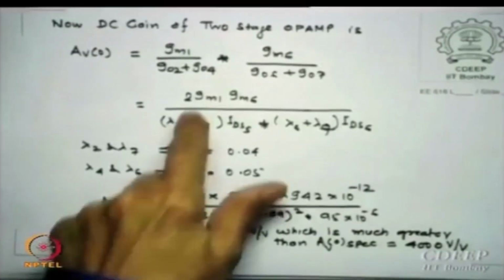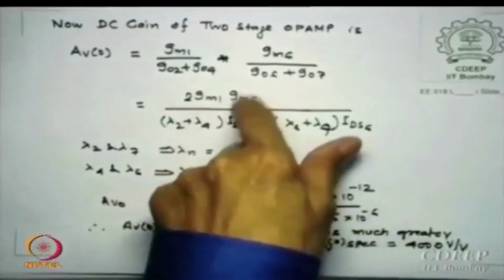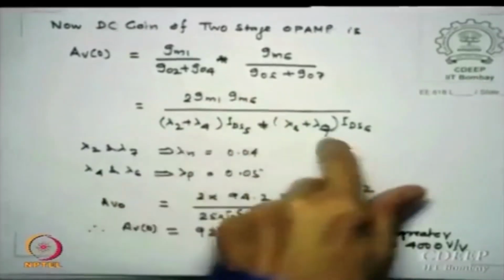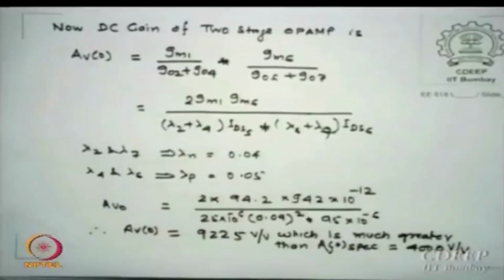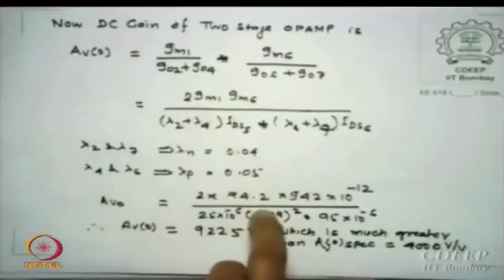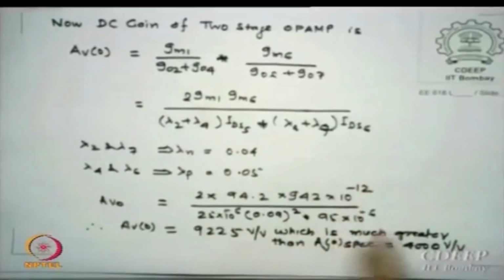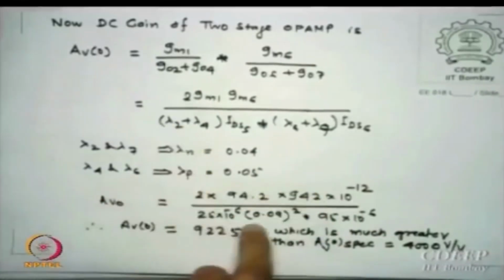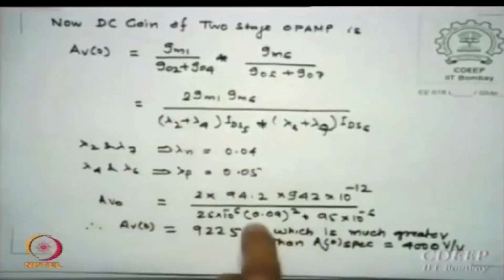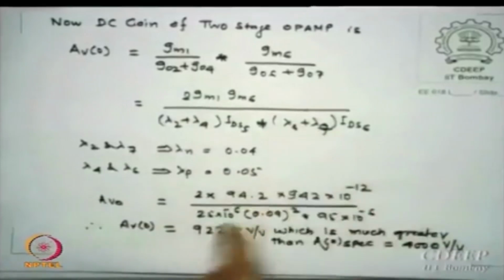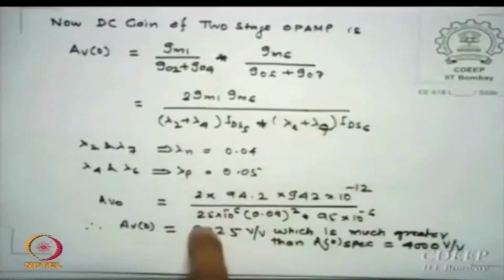So I know GM1, I know GM6, I know the lambdas, I know IDS5, I know IDS6, so I substitute: 2 into 942 into 10 to the power minus 6 into minus 6, so minus 12. This is 0.09, both are 0.09, so 0.09 square.